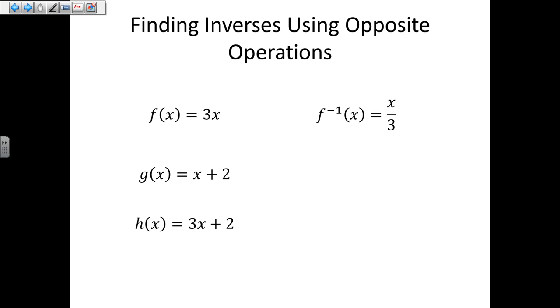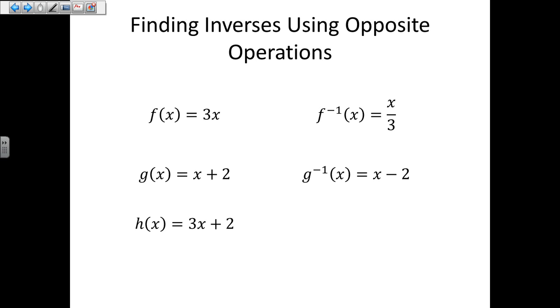So the inverse of f, or f inverse of x, is equal to x divided by 3. It's going to undo the multiplication that happens in f of x. g of x is equal to x plus 2. So in order to undo that, we just have to use the inverse operation. g inverse, or the inverse of g, is equal to x minus 2.